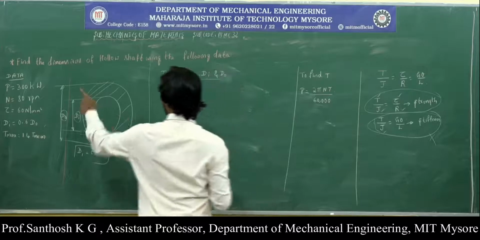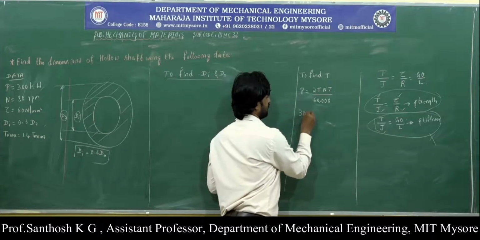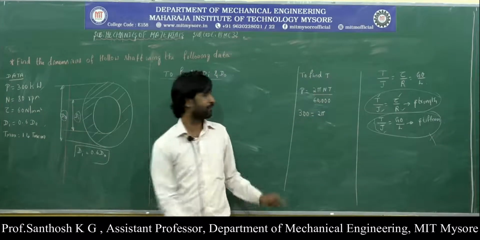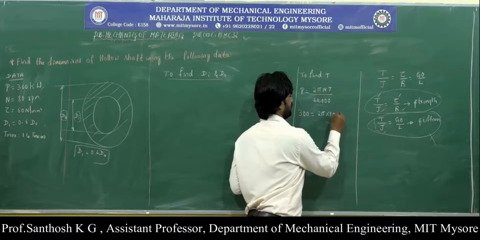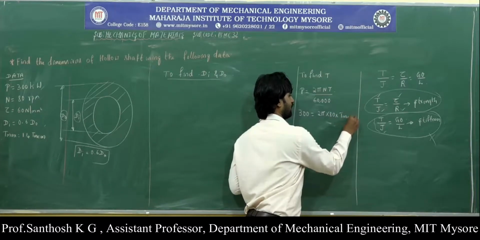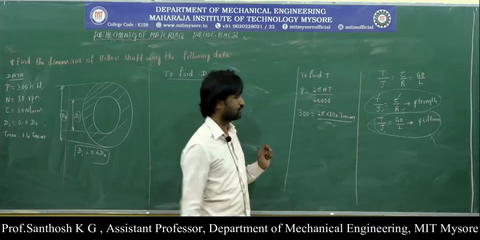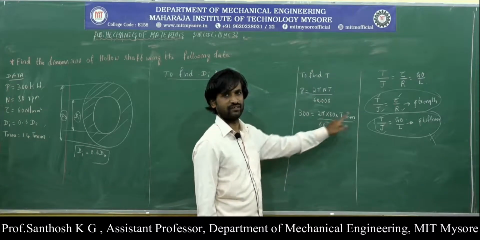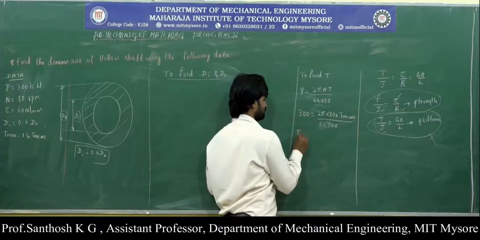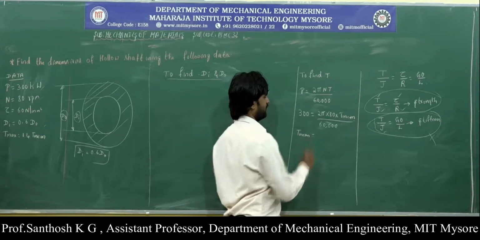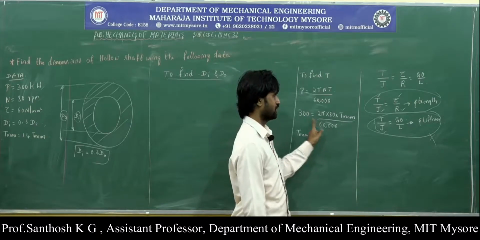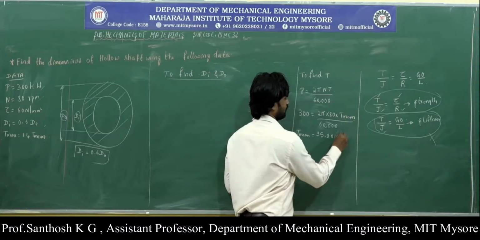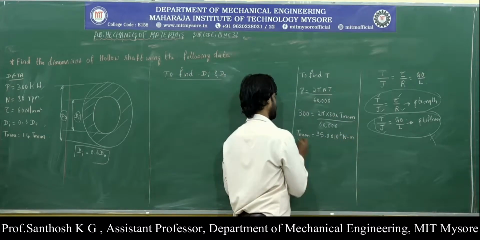So here the P value is 300 kilowatt equals 2 pi, the value of N, speed 80, T, which represents the mean torque the shaft is subjected to, divided by 60,000. So here in this equation the only unknown is T mean, and by simplifying this equation we get the value of T mean as 35.8 into 10 to the power of 3 Newton meter.